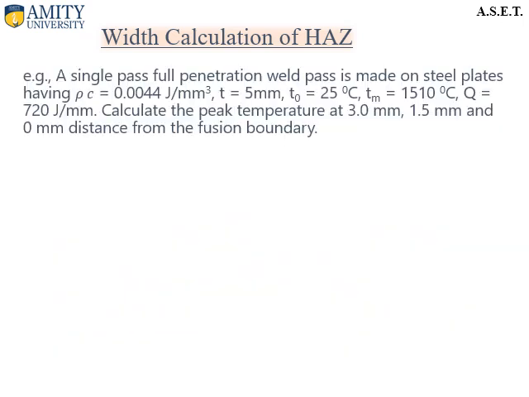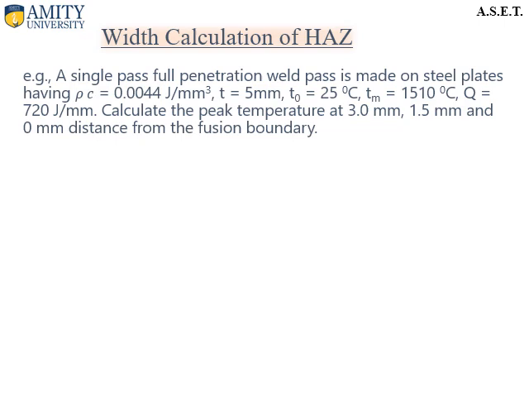Now let us understand the calculation of the heat affected zone using an example. A single pass full penetration weld pass is made on steel plates having ρC, the volumetric specific heat, as 0.0044 joules per millimeter cube.